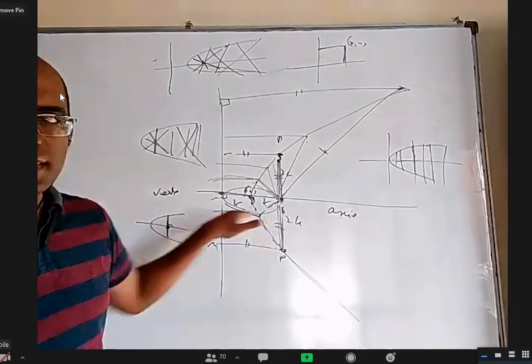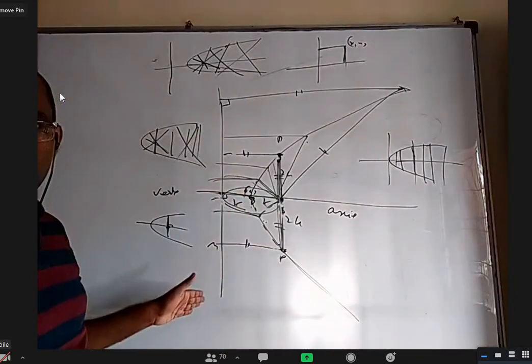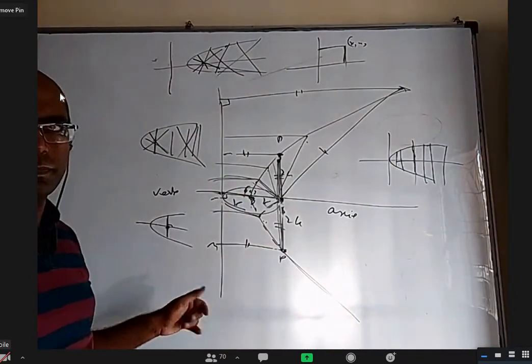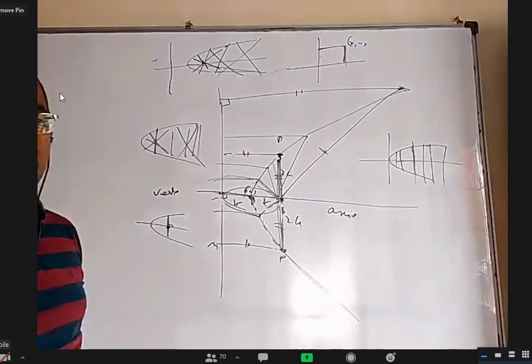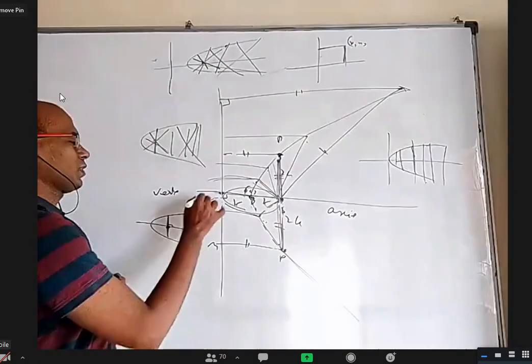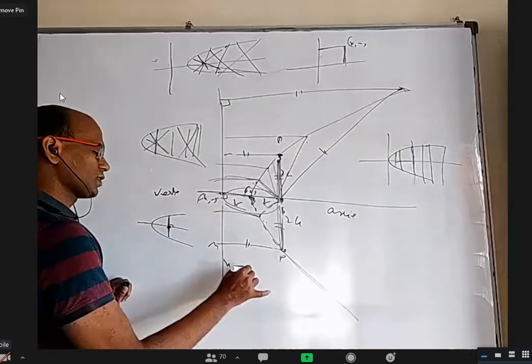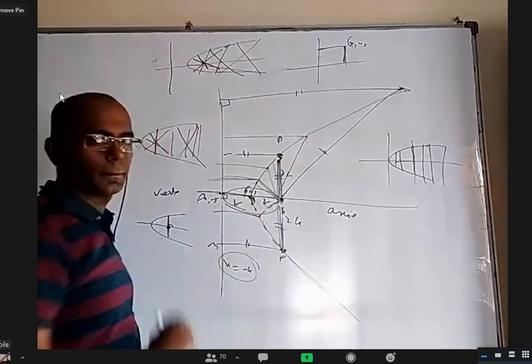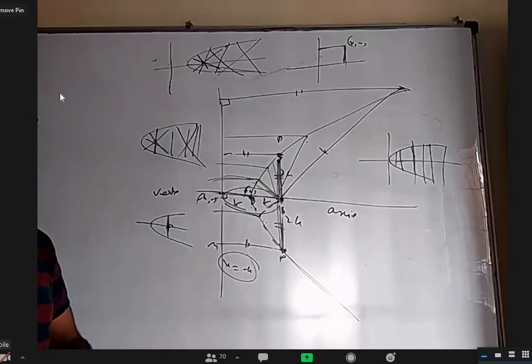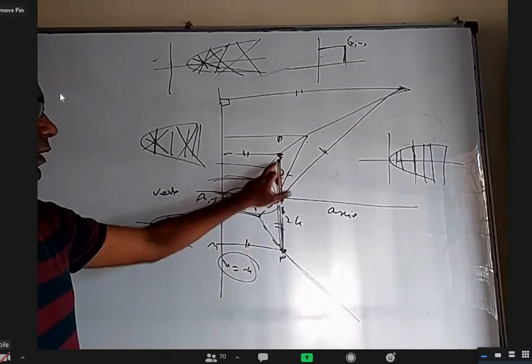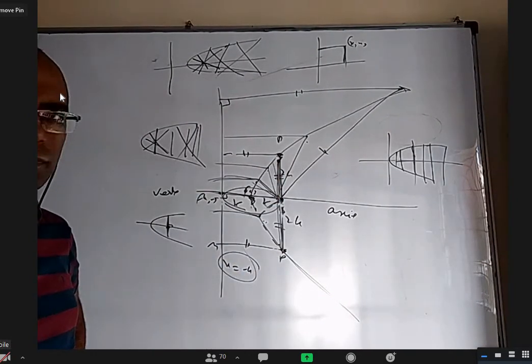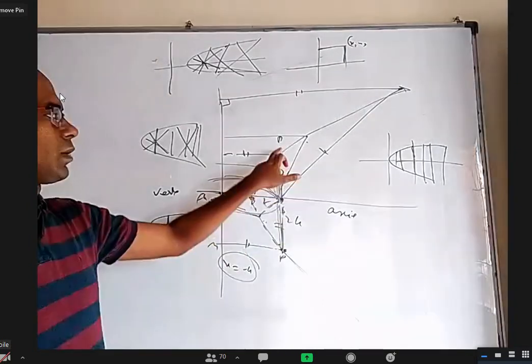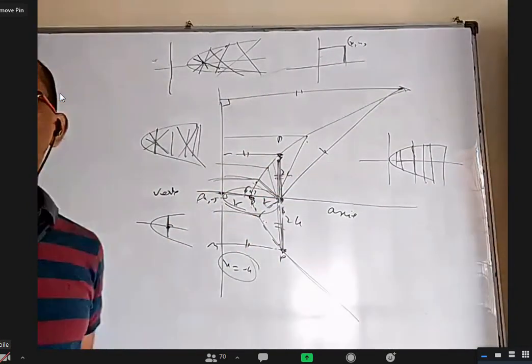If I take this as the x-axis, what is the equation of this line? x equals minus k. What are the coordinates of these 2 points? k comma 2k and k comma minus 2k.